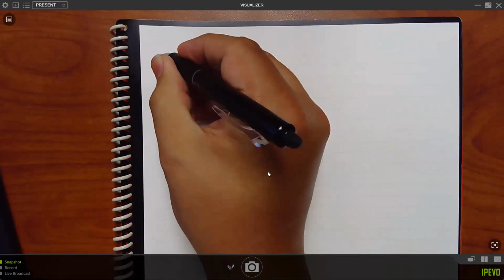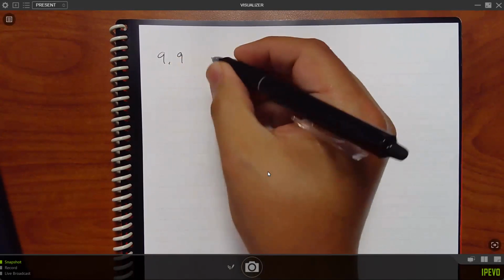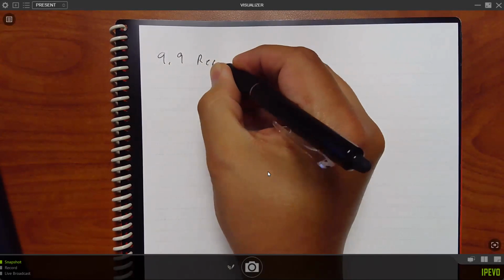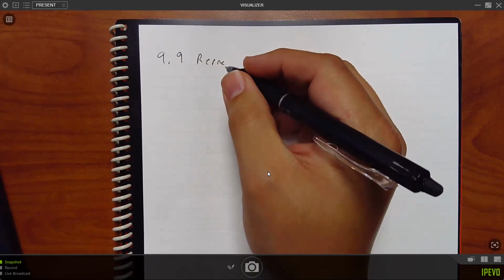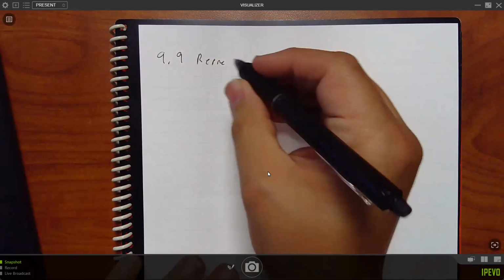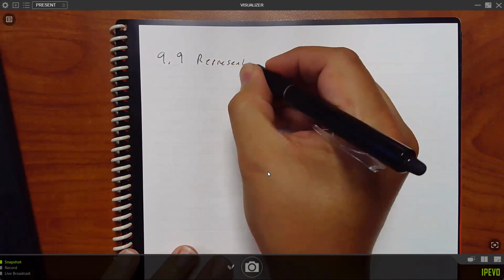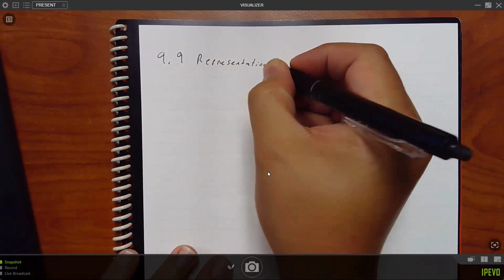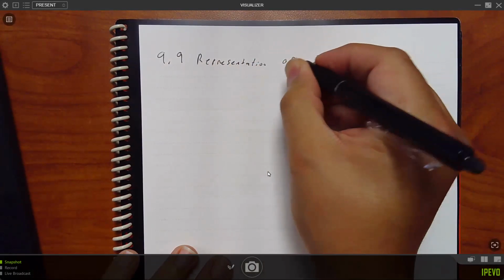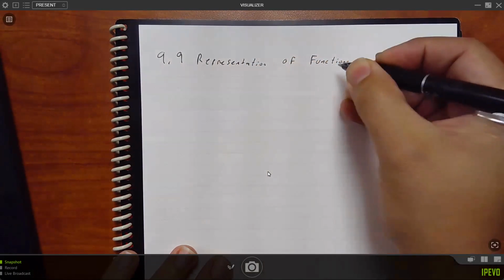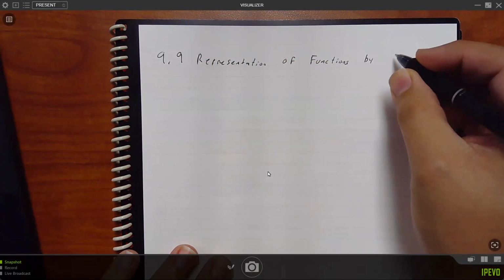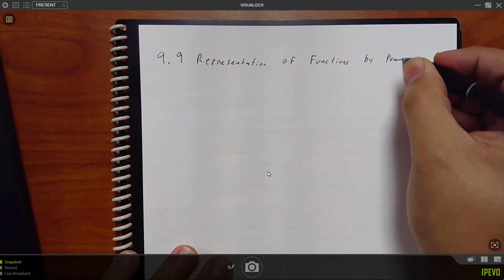All right, so let's do 9-9 and maybe 9-10. This is what I was talking about at the beginning of chapter 9: representation of functions by power series.